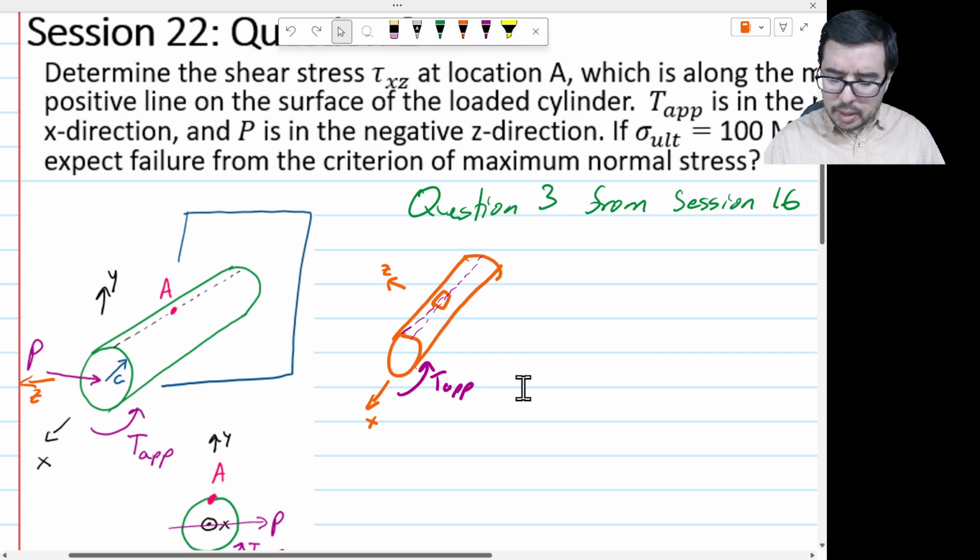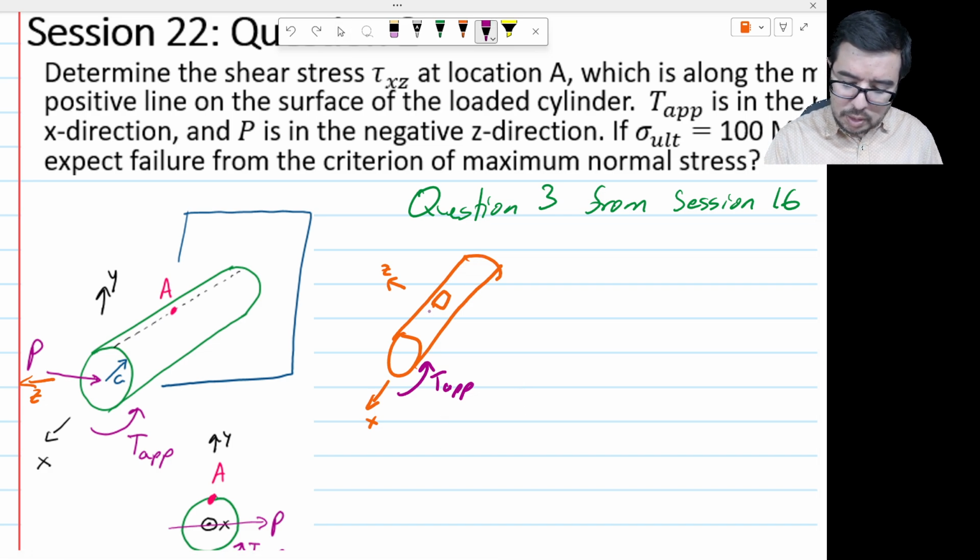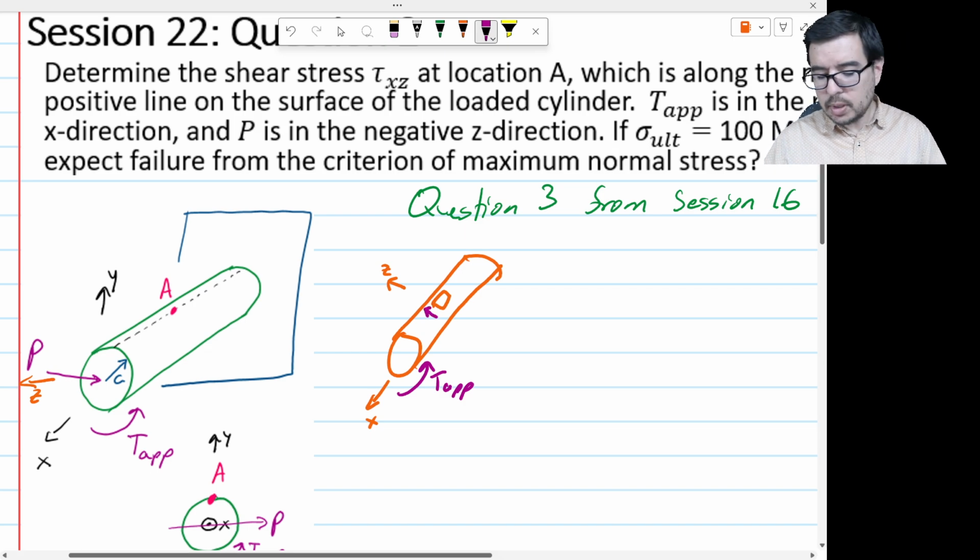So we can get an idea that the stress from T app, if I draw the stress arrows, is going to take this side of the element and move it to the left, or counterclockwise direction. And on the other side, it's going to be opposite.